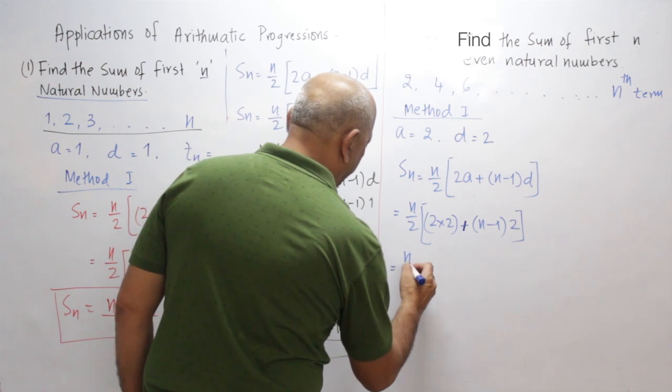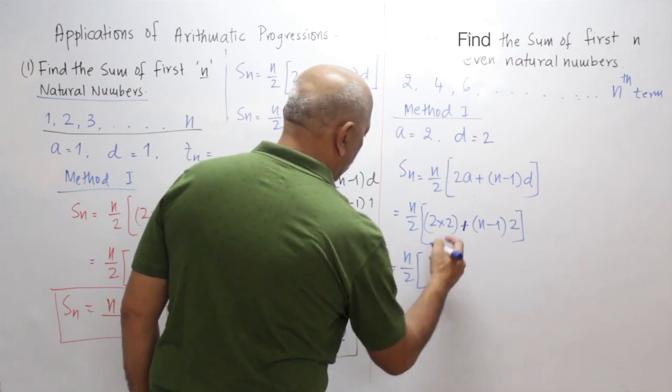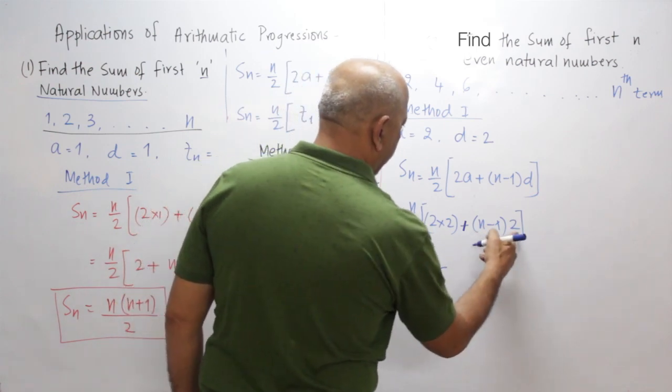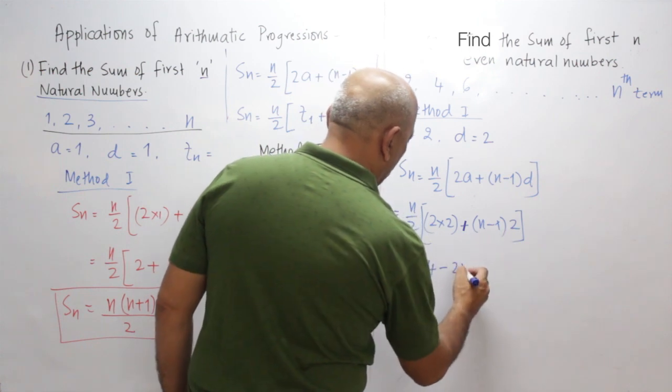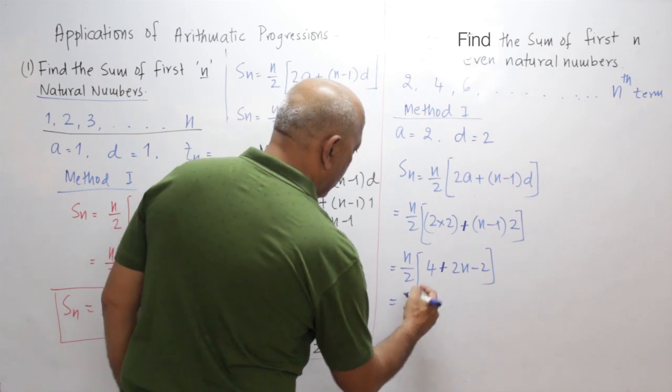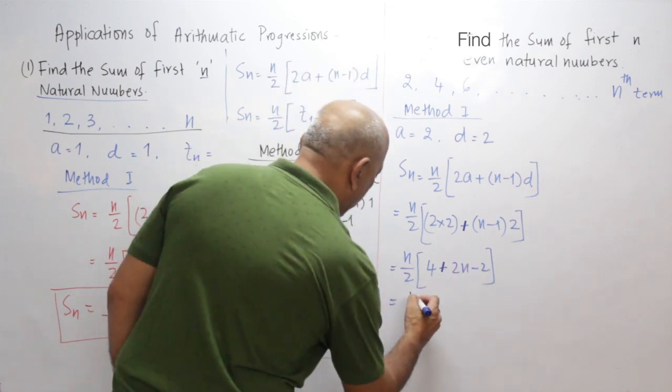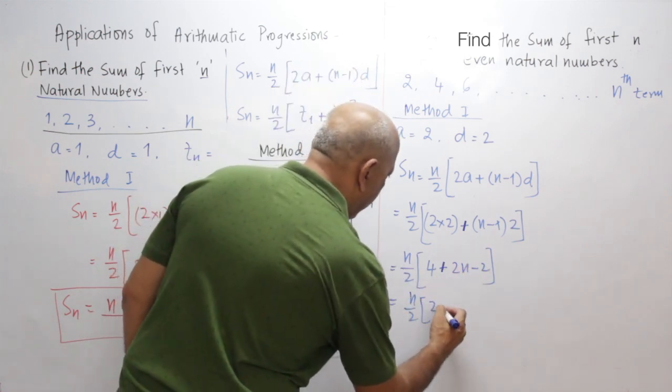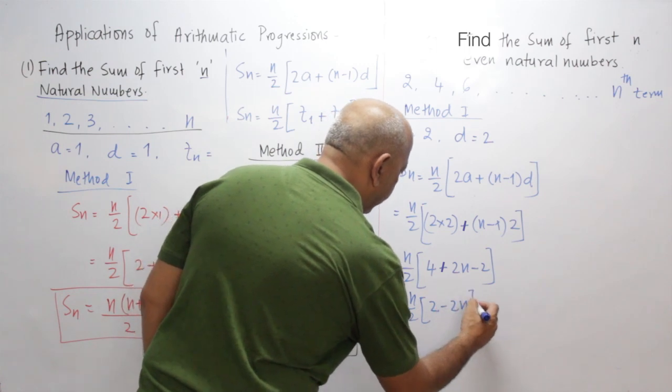If you solve that, n by 2 into bracket 2 twos are 4, plus 2n minus 2. So 4 minus 2 is 2, so we get 2 plus 2n.